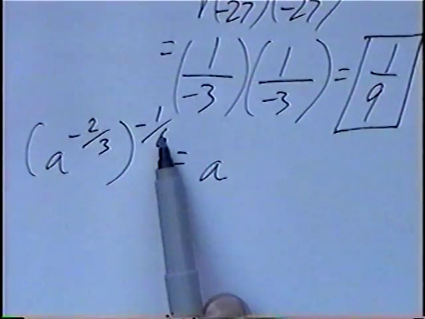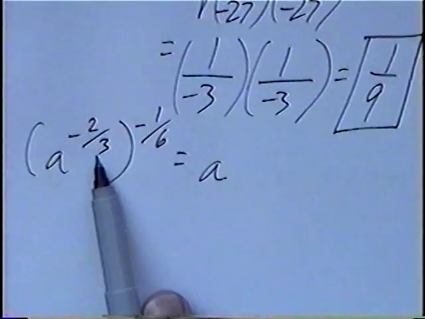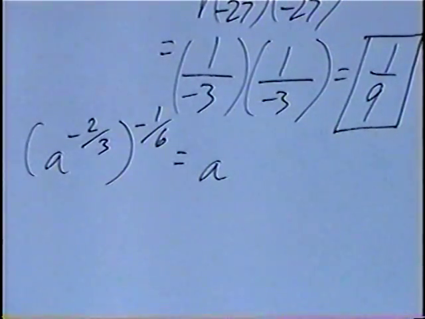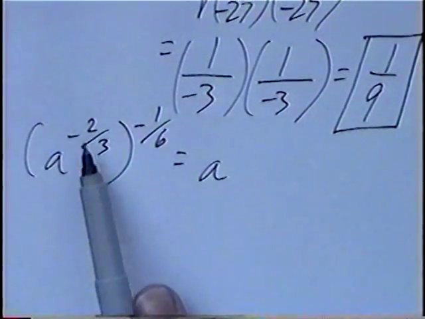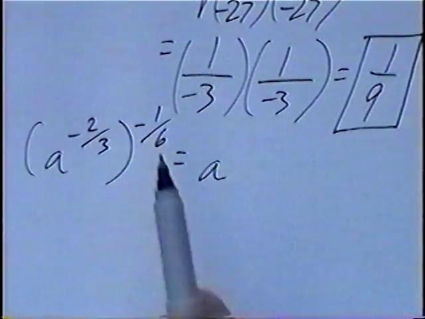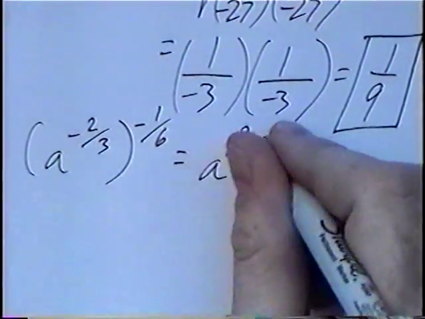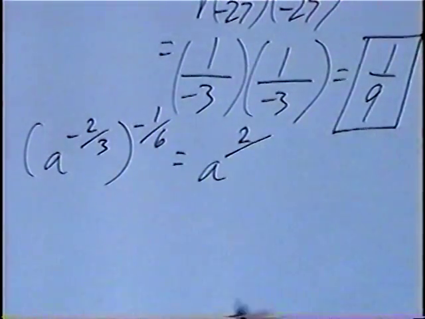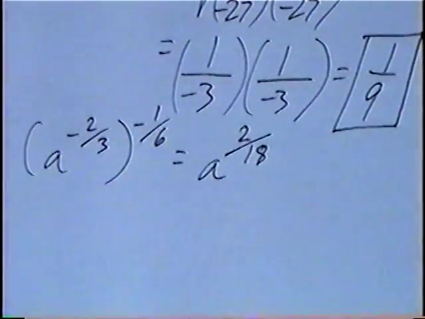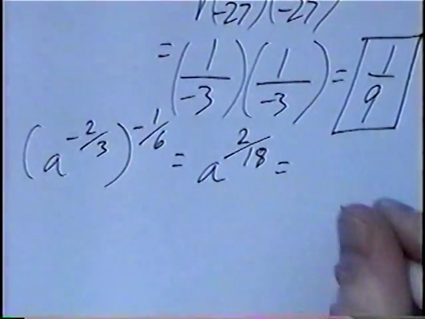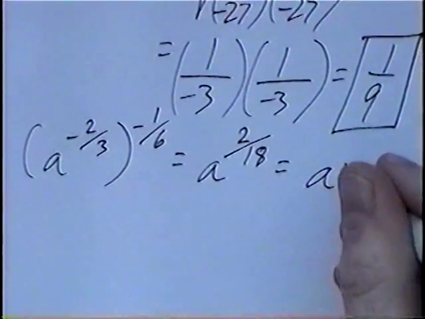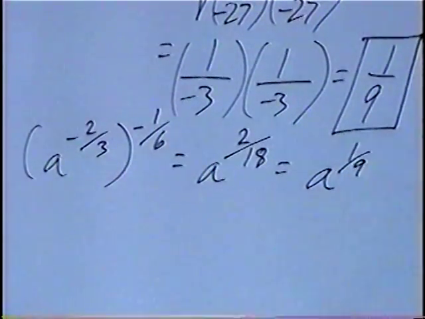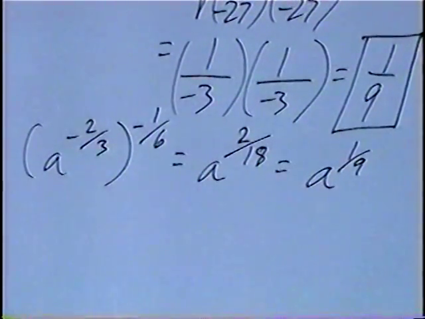And if you have a power to a power, we'll end up multiplying negative 2/3 times negative 1/6. Multiplying will become positive, and 2 times 1 would be 2, and the denominators 3 times 6 would be 18. Reducing fractions, 2 over 18 will have the exponent a to the 1/9 power.